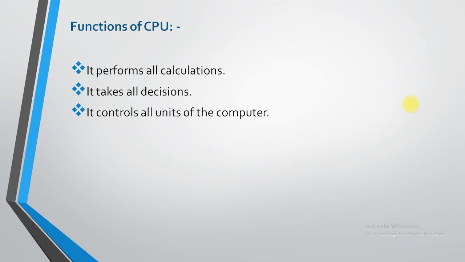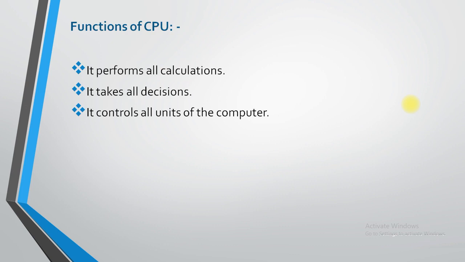Number two, it takes all the decisions. Decisions means what? See, addition, 2 plus 3. Over here I need to perform addition, over here I need to perform division. So that decision is taken by the CPU, or that is the function of the CPU.